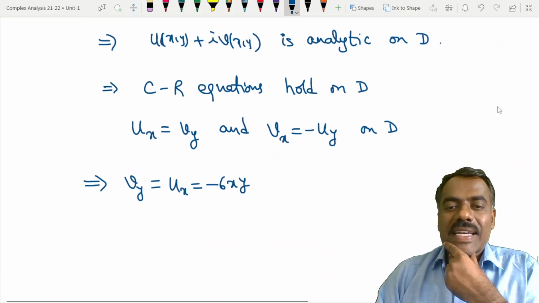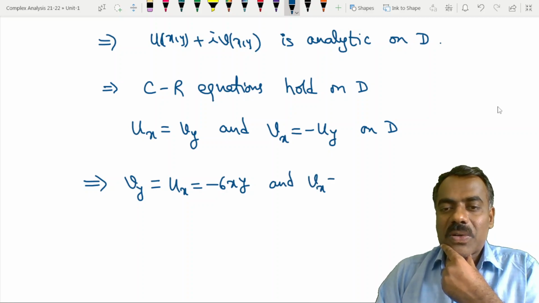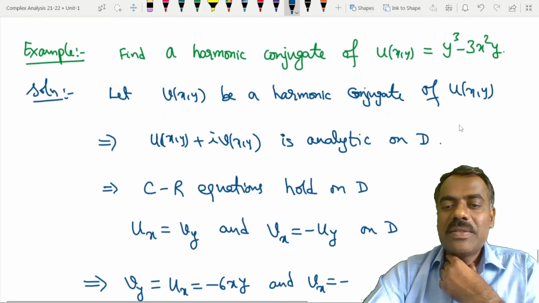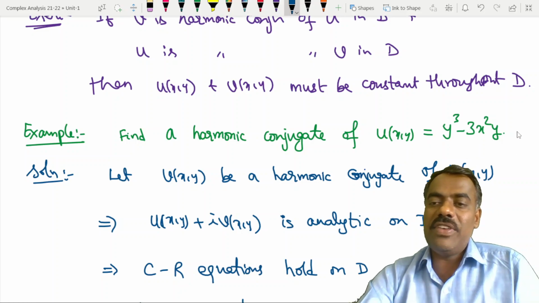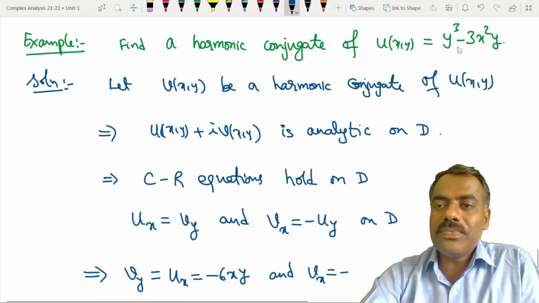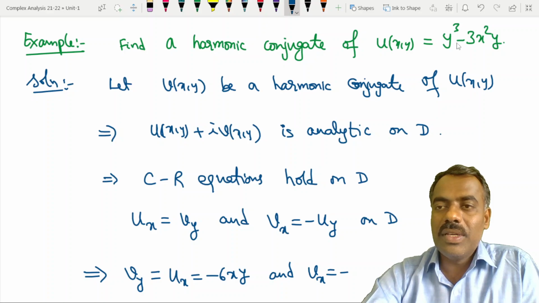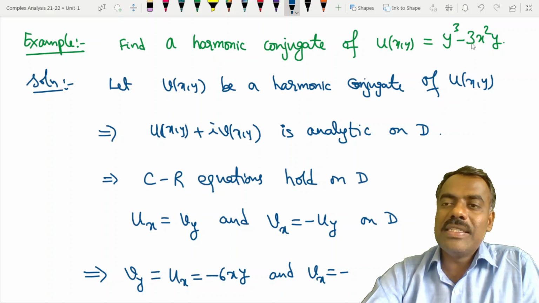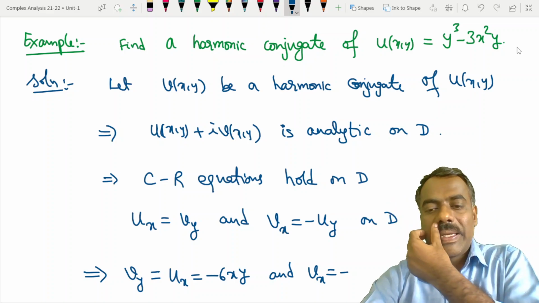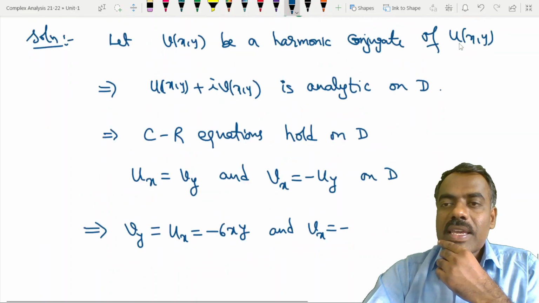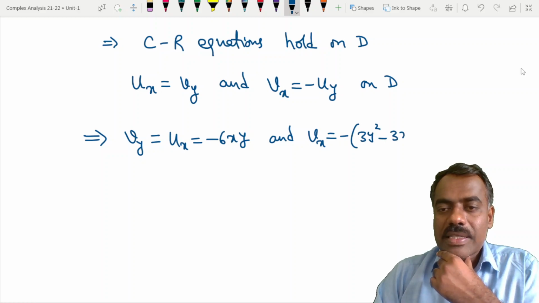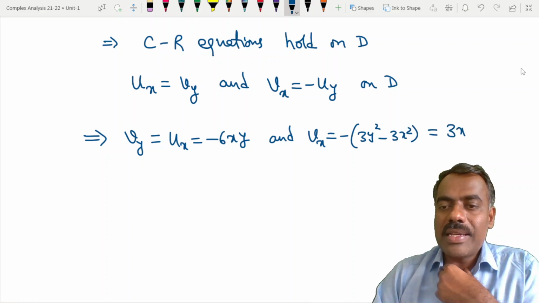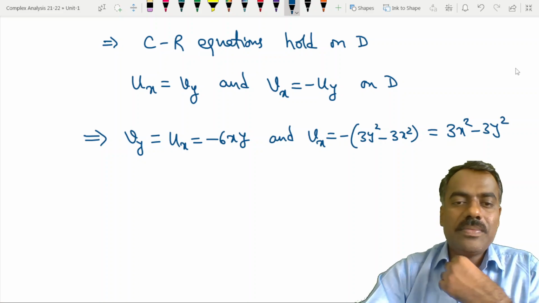And v_x = −u_y, so we differentiate with respect to y, keeping x fixed. So this is 3y² − 3x², which if you want, you can write as 3x² − 3y² with the sign.